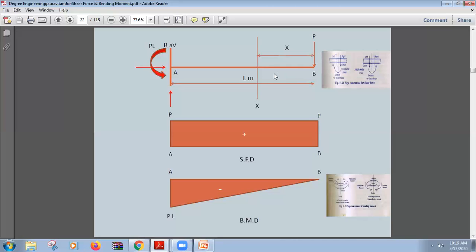Now come to this whole beam. There is no other force except P, and at the end you will find a reaction that is only because of P. So from here to here, no other force is acting except P. So what we have concluded is that the 10 Newton force will be acting from here all the way up till here.